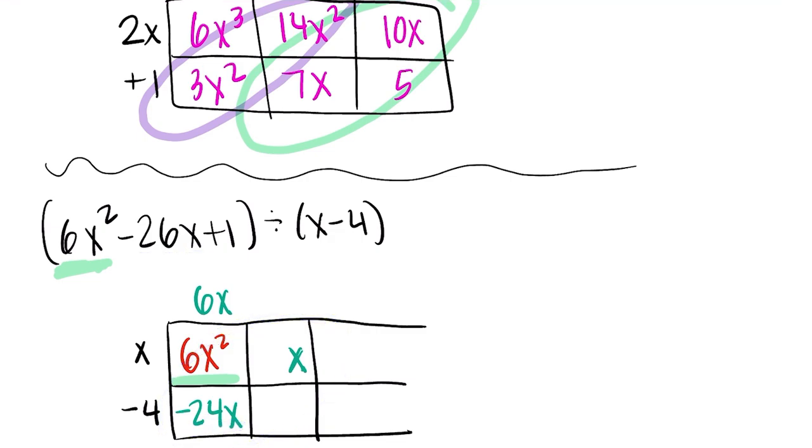The way that we do that is we're going to subtract a 2. So this column right here needs to add to that negative 26x.